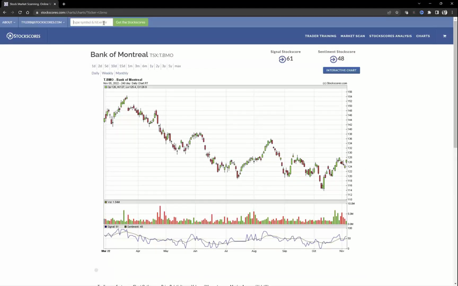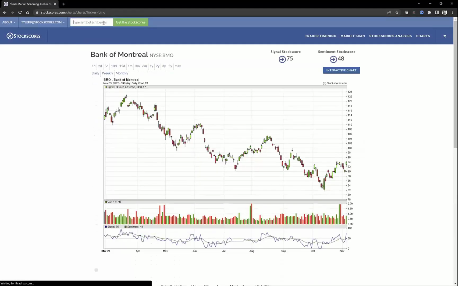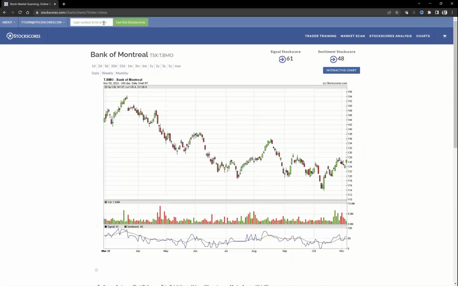If I wanted to see the New York Stock Exchange listing for Bank of Montreal, I would just type in BMO without the T, and there's the US listing. Okay, and you can see right here, it says New York Stock Exchange. If I type in T.BMO, then you can see that it's the TSX listing.